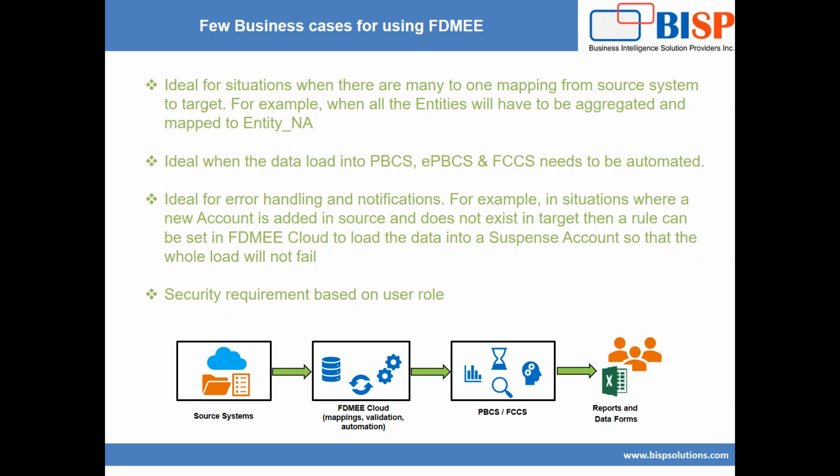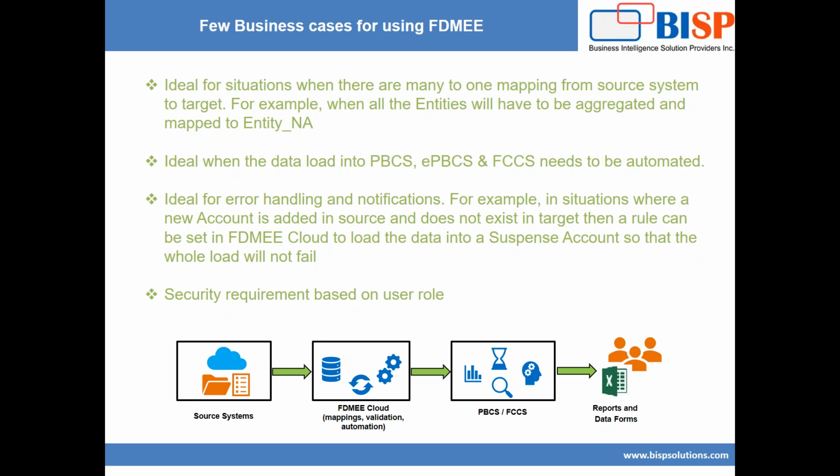Further, let's say I'm running all my loads through automations, and with all my new loads I keep on getting new accounts. In those cases, those new accounts may not necessarily have mappings in the system.